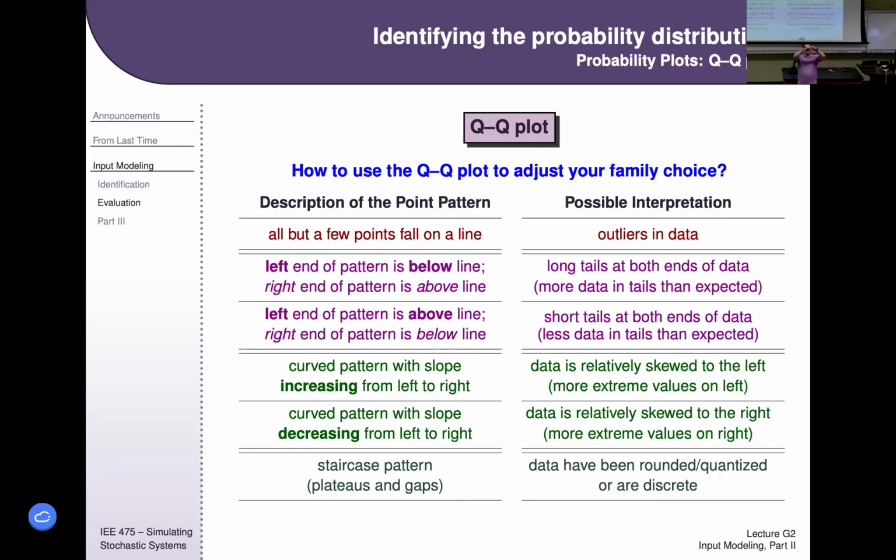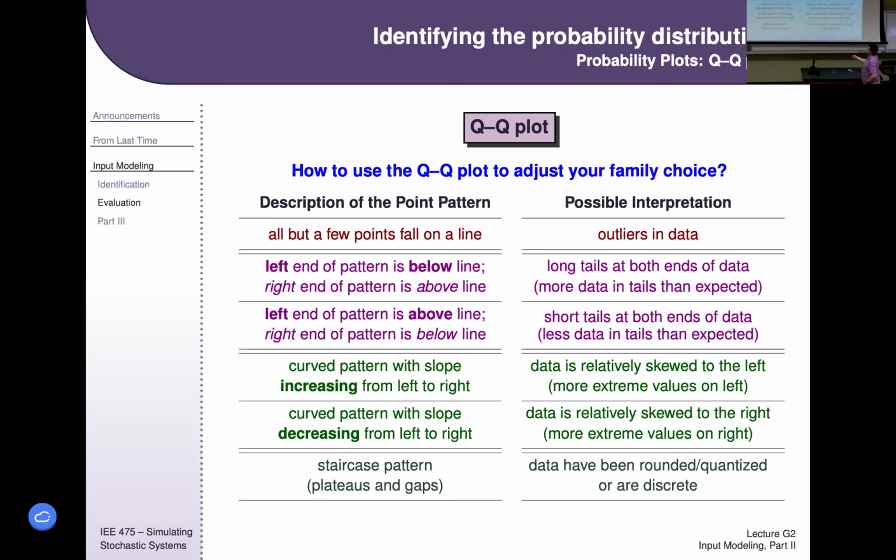So my hypothetical distribution falls off, but my real data is more represented in the tails, in the edges. So that tells me that I probably need to choose a new family that's fatter, that is more represented on the edges than in the middle.